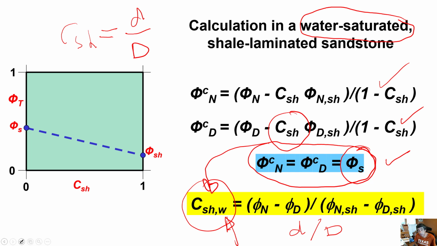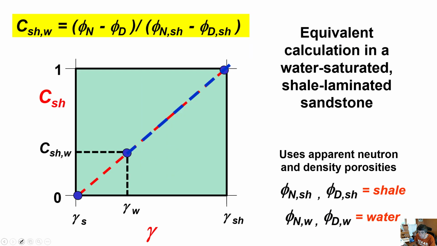So it comes from the correction that we applied in a shale-laminated sandstone for both neutron and density logs, and we know that if the correction was done properly, then at the end both corrected logs should be the same, and that will be the sandstone porosity. As a consequence, now we have an equation to calculate volumetric concentration of shale. This equation should give you exactly the same values as when you apply it to the gamma ray log, but this is just an alternative way of doing it. So here we have two possibilities. Just to remind you, we have two possibilities.